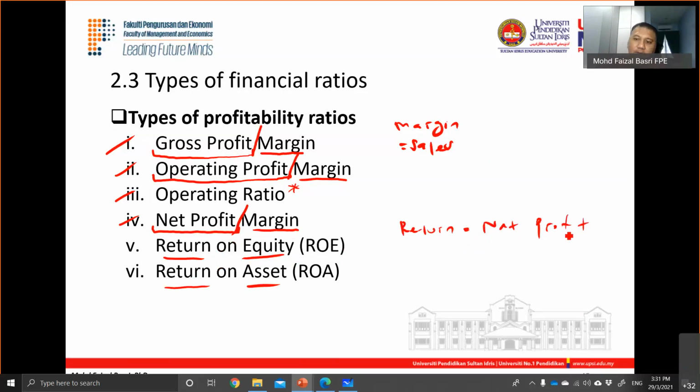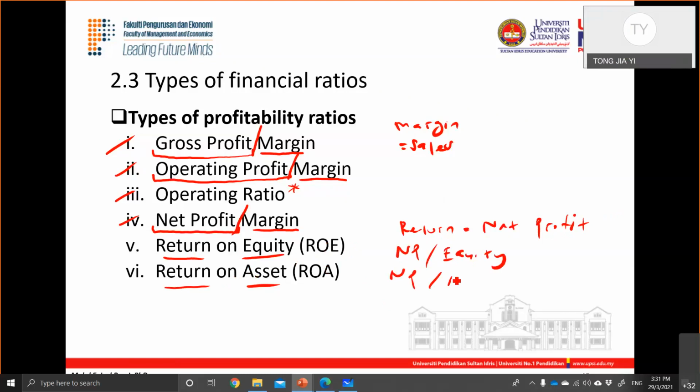When you see the word return, you can associate it with net profit. So net profit on equity, net profit on assets. The name of the ratio indicates the formula.